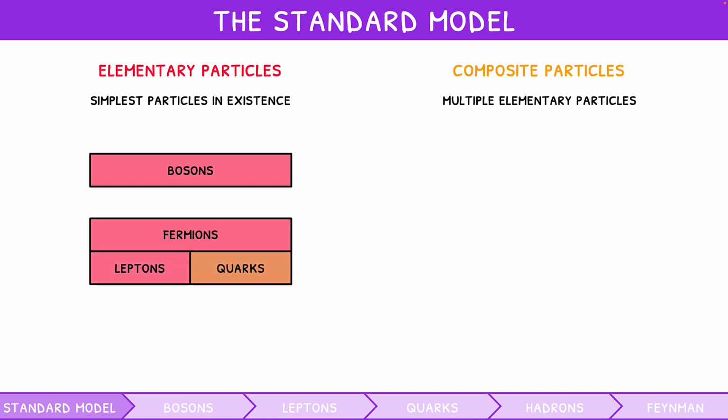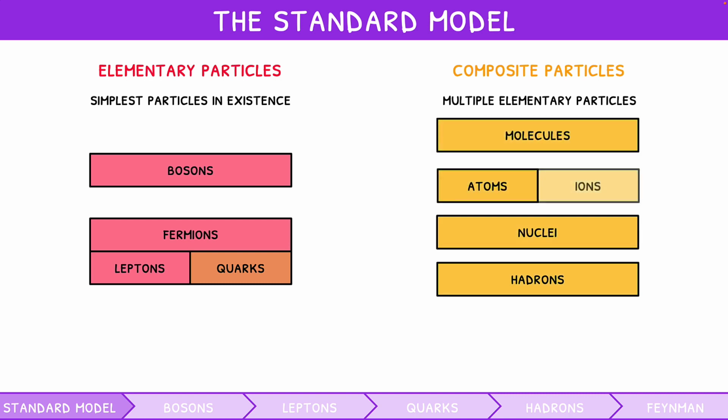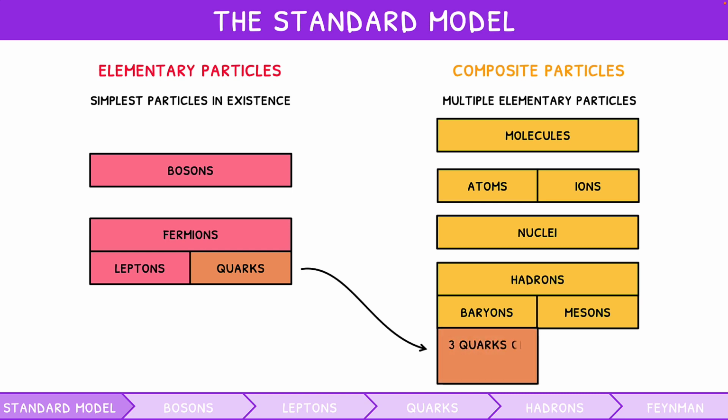The composite particles are hadrons, nuclei, atoms, molecules and ions. We've already covered nuclei, atoms, molecules and ions, however hadrons are new. These, nicknamed heavy particles, are divided into baryons and mesons. Baryons are composed of 3 quarks, or antiquarks, whilst mesons are composed of 1 quark and 1 antiquark.